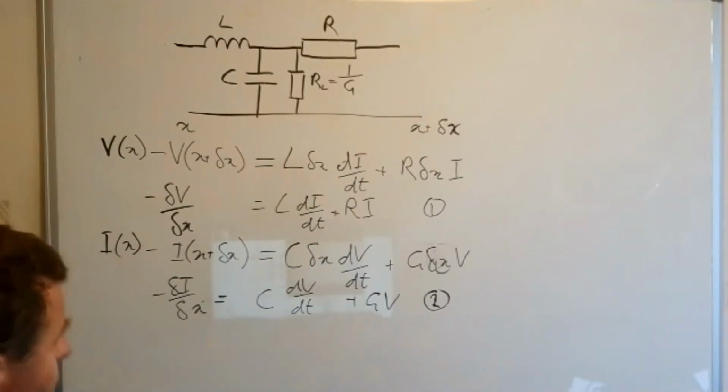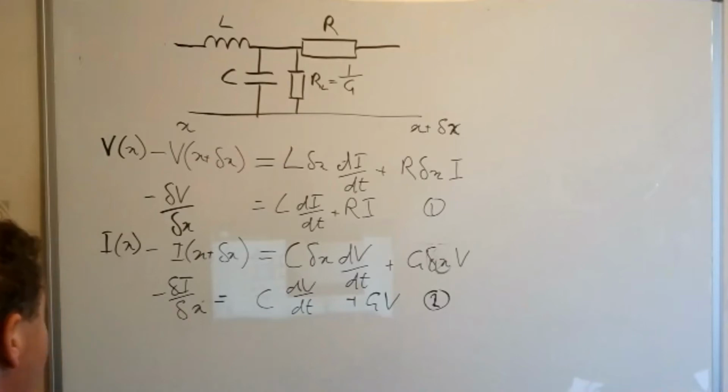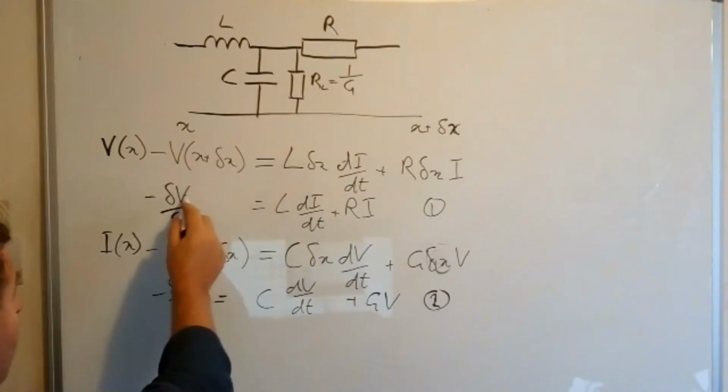Okay, so what we're going to go and do now is think about differentiating these two equations with respect to X again. So we're going to take the limit, so in equation 1 it is dV dx.